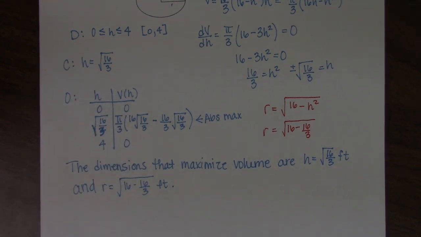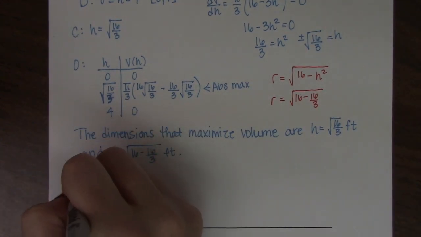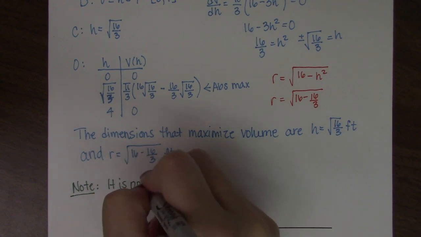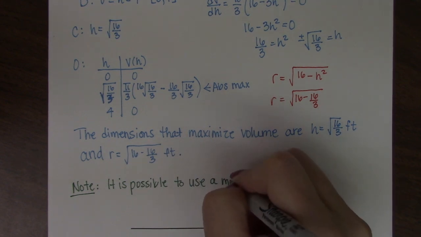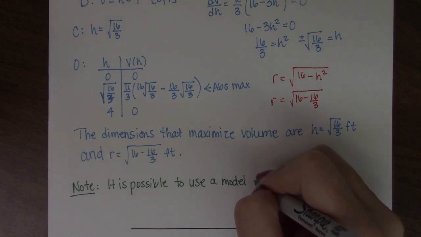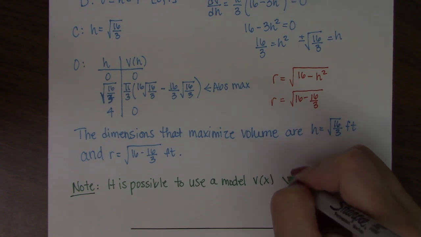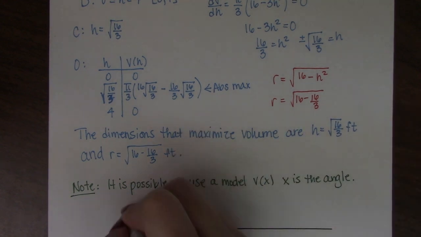There's one more note I want to make about this problem. You notice if you look at the picture, there was an x on the picture and we didn't even use it. We ignored it. x represented the angle. So it is possible to use a model which is volume as a function of x, where x is the angle.